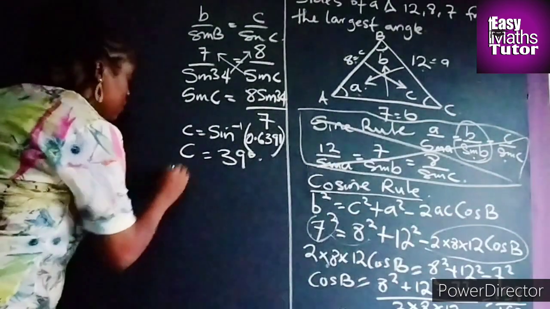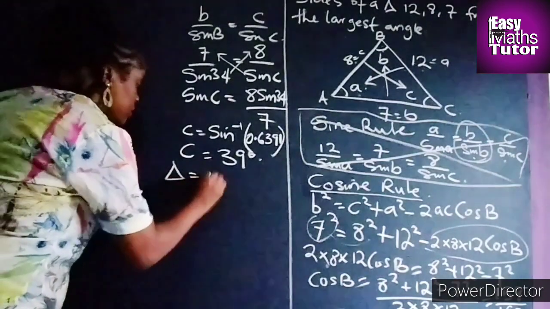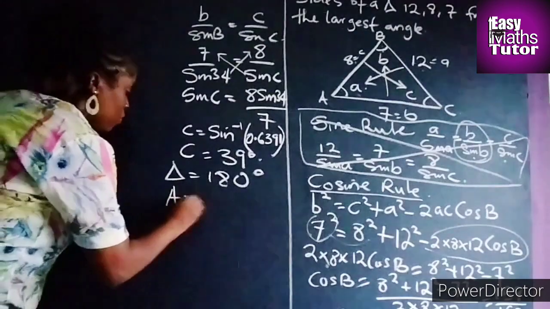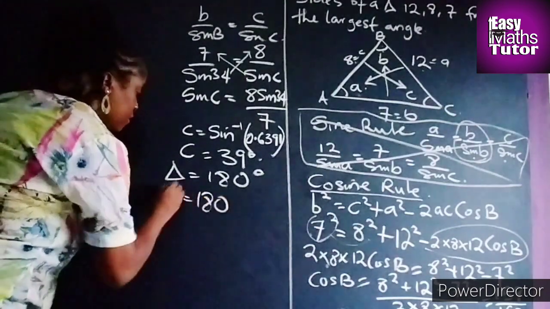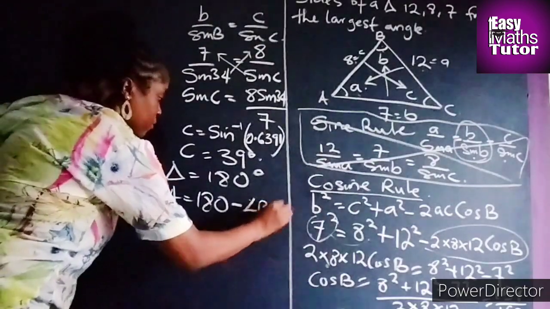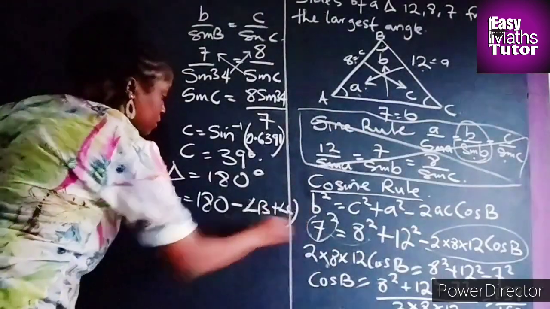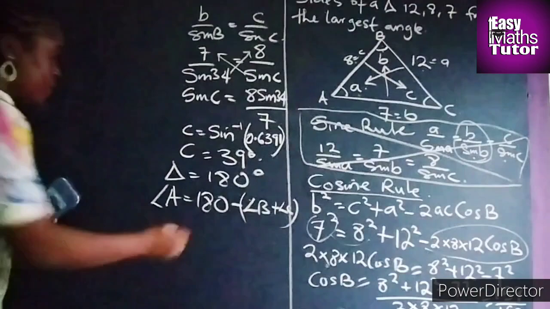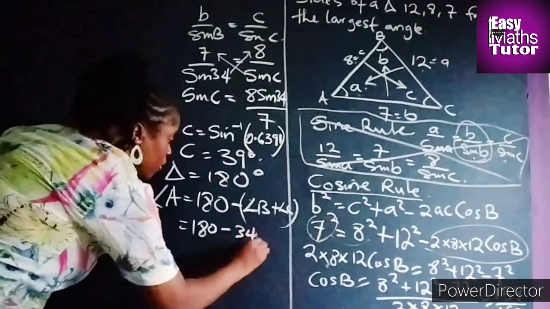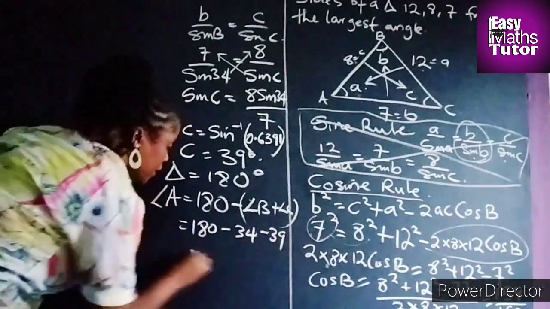We know the sum of angles of a triangle is 180 degrees. So angle A will be 180 minus angle B and angle C, which is 180 degrees minus 34 minus 39.